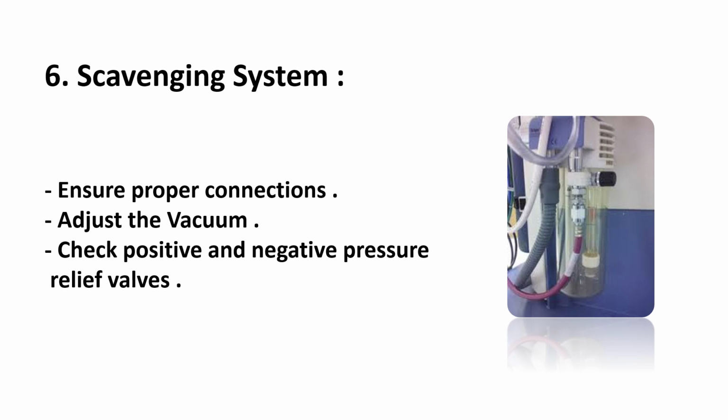We will start the scavenging system, switching off all vaporizers and flow meters. The pressure should stay at zero if it's working. But if the negative relief valve is not working, you will find that the circuit has a negative pressure inside.